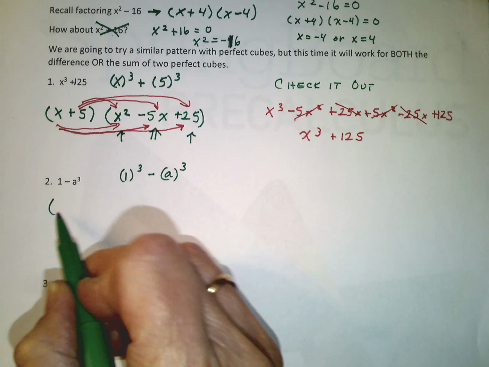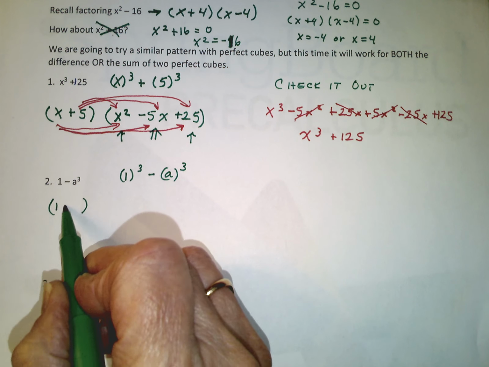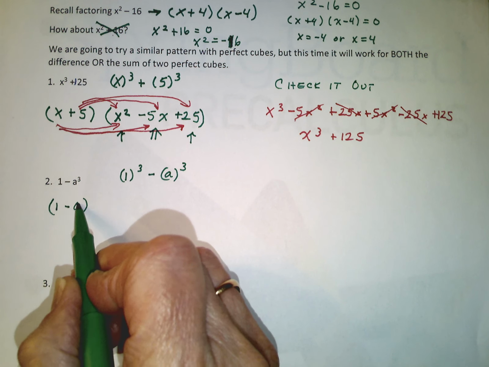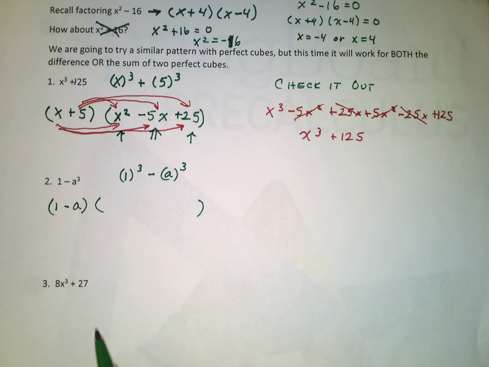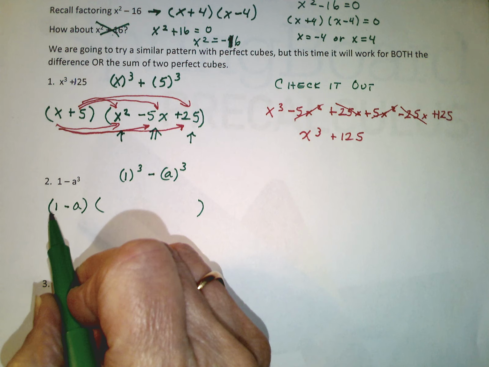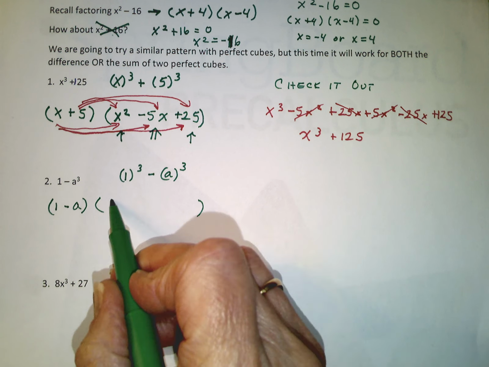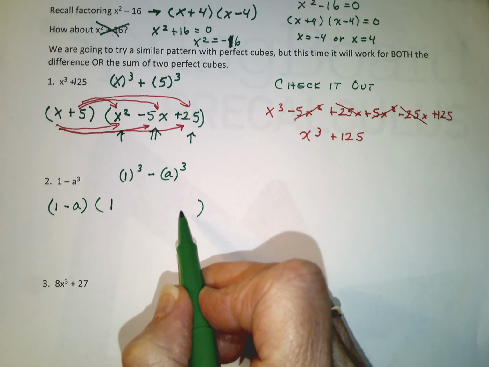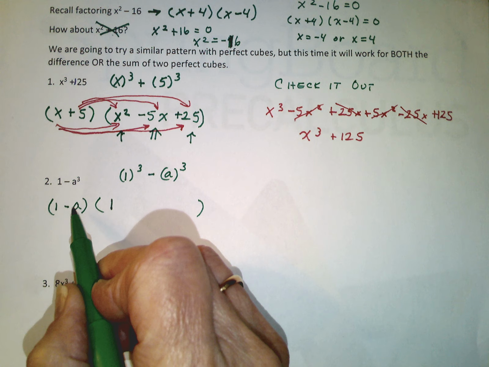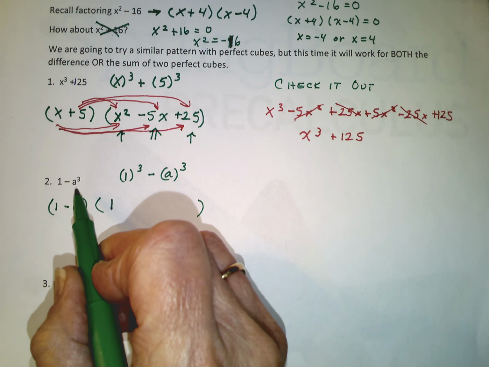Our first factor's going to be the cube root of 1 minus the cube root of a cubed, which is pretty obvious here. So then what do you multiply times 1 to get 1? Well, we got that. At the other end, what do you multiply times negative a to get negative a to the third?